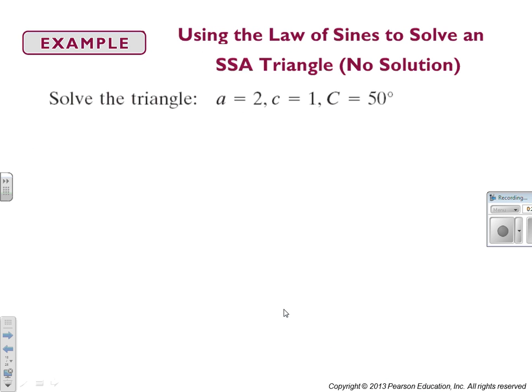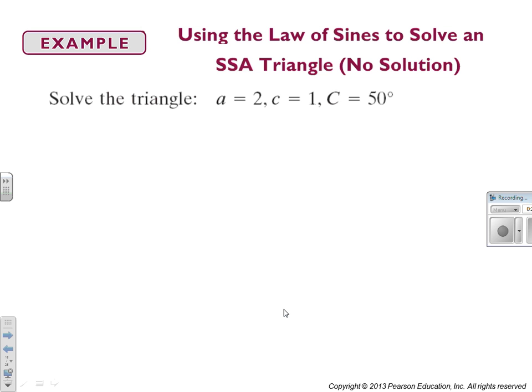Okay, so let's look at a scenario where I get no solution. I know that if A is less than B sine of A, there is no triangle. So I'm going to go to sine 50. That's 1.51.